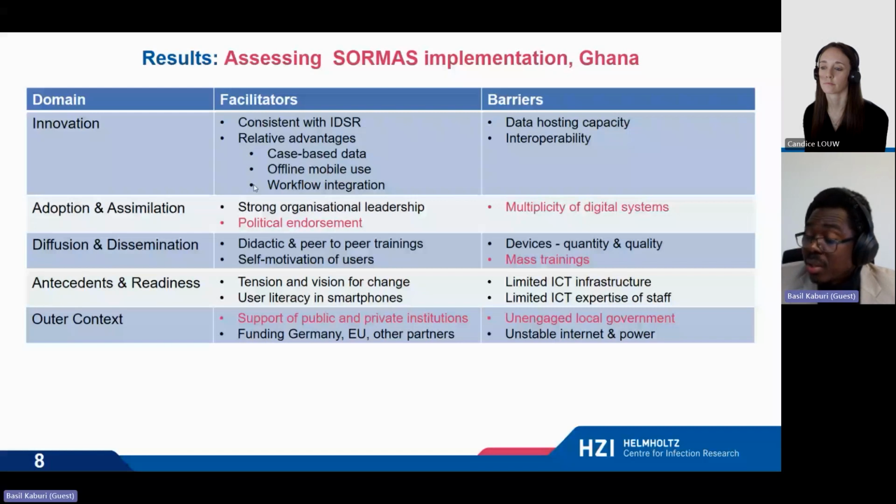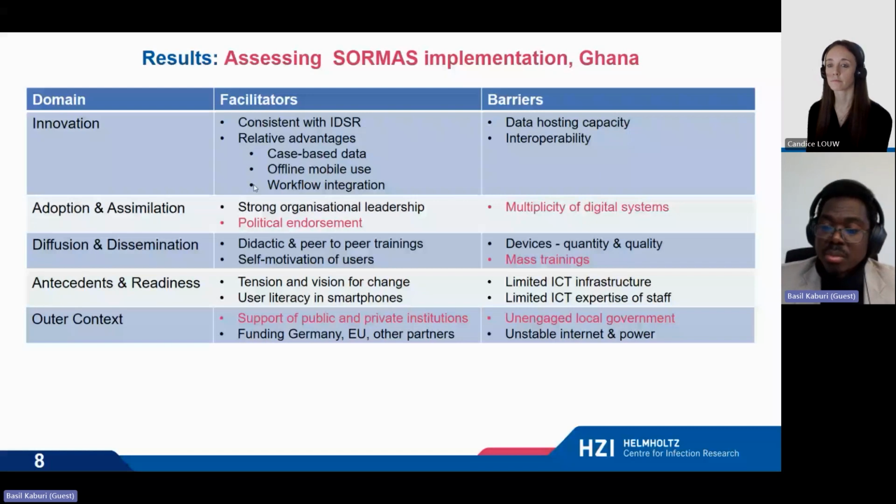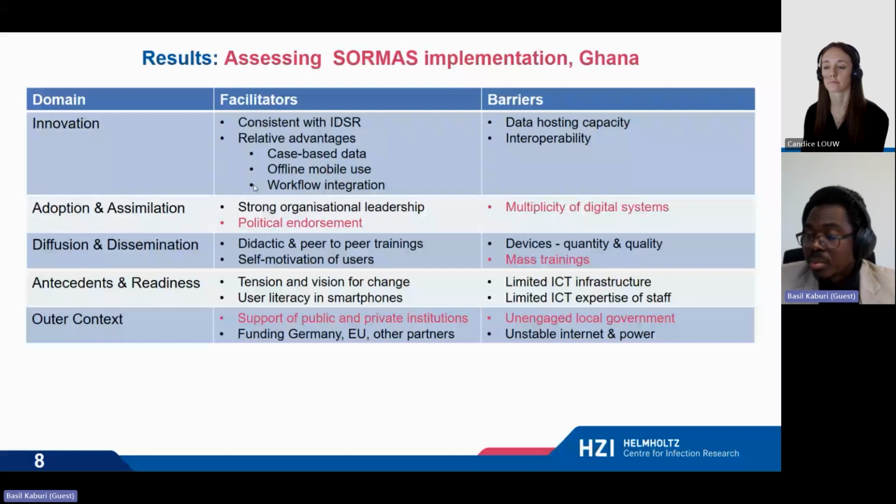For a barrier, notwithstanding the political support at the presidential level, there wasn't any clear-cut directive to the local governments, giving them some authorization to financially and otherwise support the implementations. And given that surveillance takes place at the grassroots, the district and sub-district level, the immediate support of the local government would have been very influential in how well things went.